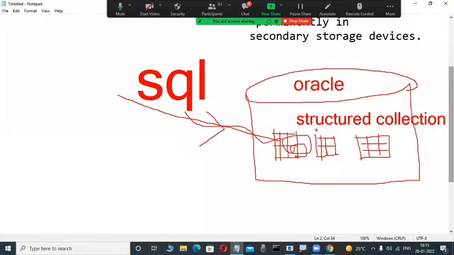But MongoDB and those types of databases are different. SQL is not there, there is no SQL. They use JavaScript and similar languages. SQL is one separate language, through which we operate data in these types of databases.